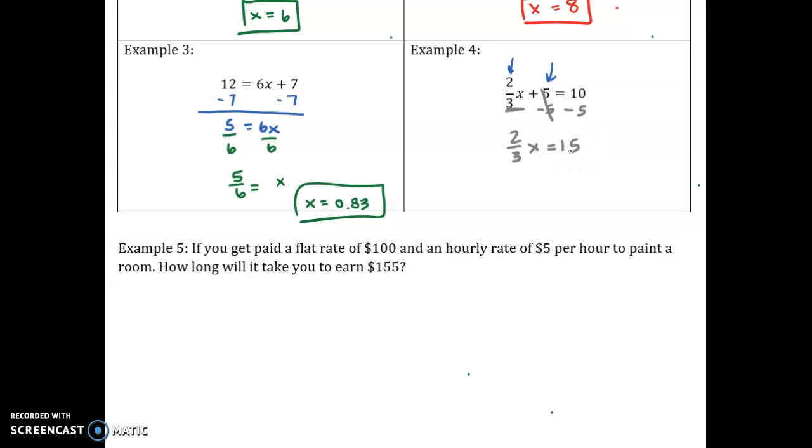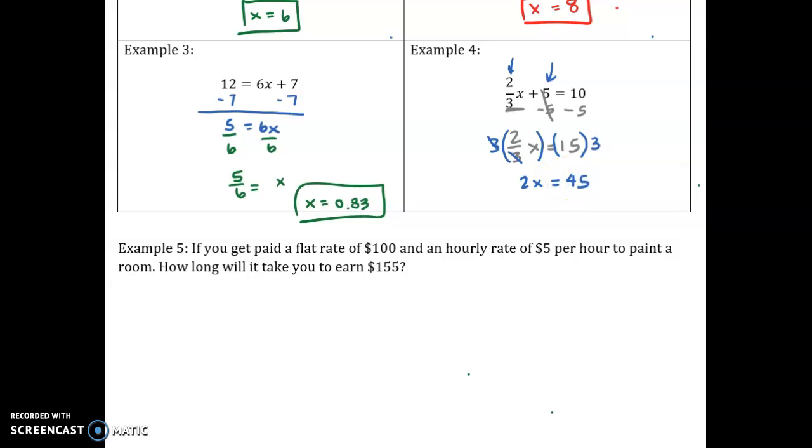And if you recall from our last video, I usually like to break this fraction, 2x over 3, into 2 separate steps. First, I will multiply to get rid of the fraction. The 3's cancel, and I'm left with 2x. And then I have to do 15 times 3, which is 45.